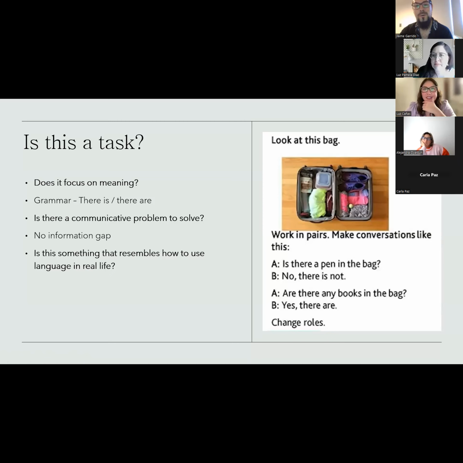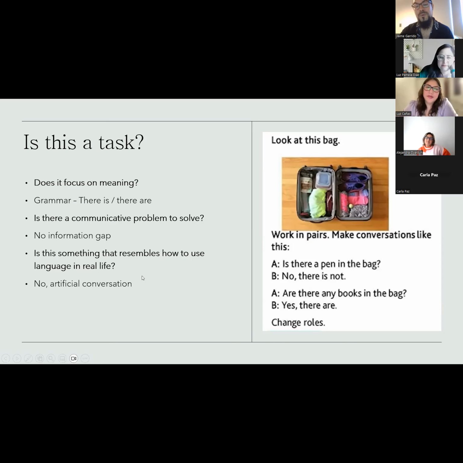Imagine yourself in this situation. You're going away, you have your suitcase almost done. Someone in your family is asking, is there, I don't know, a swimming suit in the bag? Yes, there is. What I'm trying to say is that we don't communicate in this way. It's an artificial conversation, right? Unless you're preparing for a trip or something like that. It's a very specific moment.